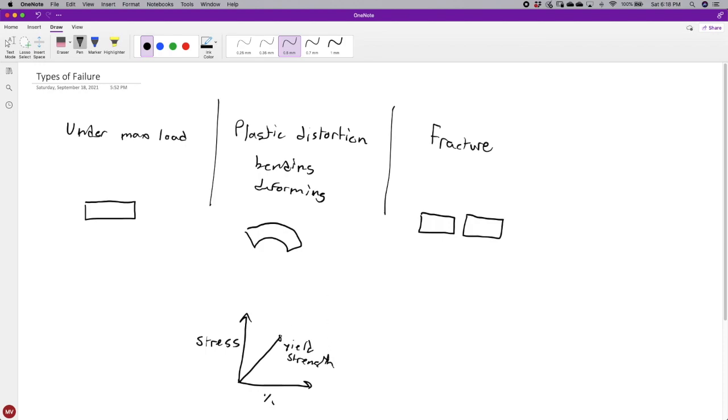At this point, the material will undergo plastic distortion, right up until the point of maximum tensile strength here. After this point, the amount of stress or the amount of load required to bend it further will decrease right up until the point of fracture, when the material breaks.